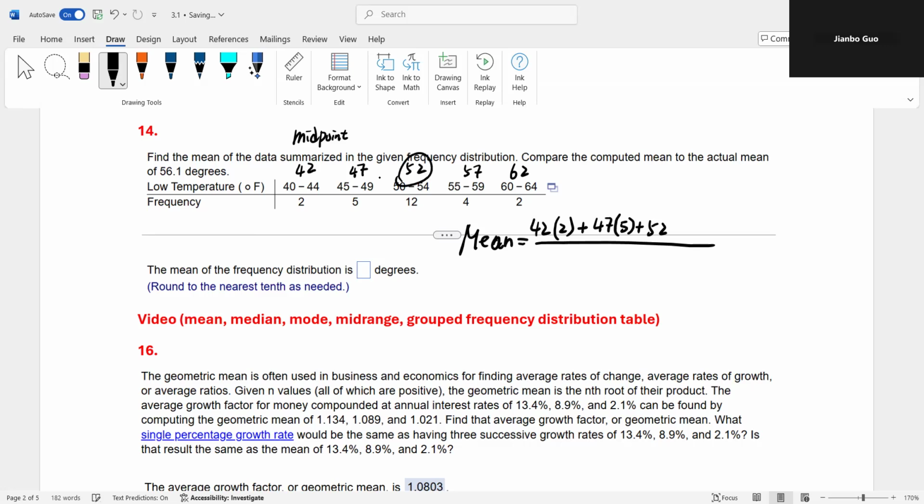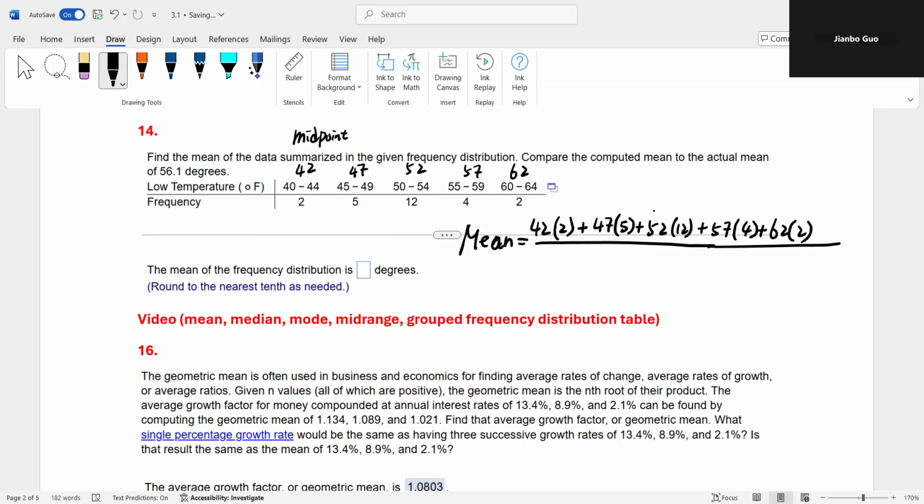You understand, right? This is 52 and the frequency is 12, so we just multiply them together: 52 times 12, plus 57 times 4, plus 62 times 2.